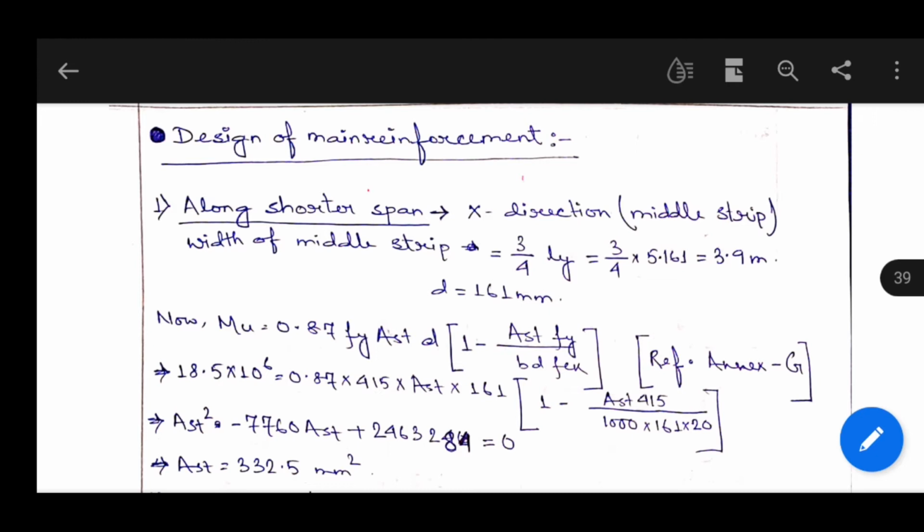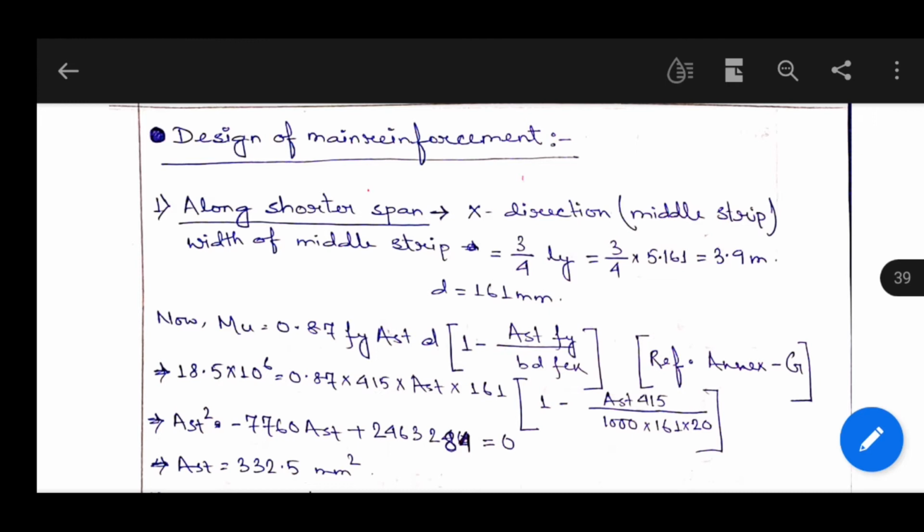All are known values. So now we just have to put the values in the equation, and from this equation we can find out the unknown value of Ast. After putting all these values, you can see here 18.5 into 10 to the power 6 is equal to 0.87 into 415 into Ast into 161 within bracket 1 minus Ast into 415 by 1000 into 161 into 20.